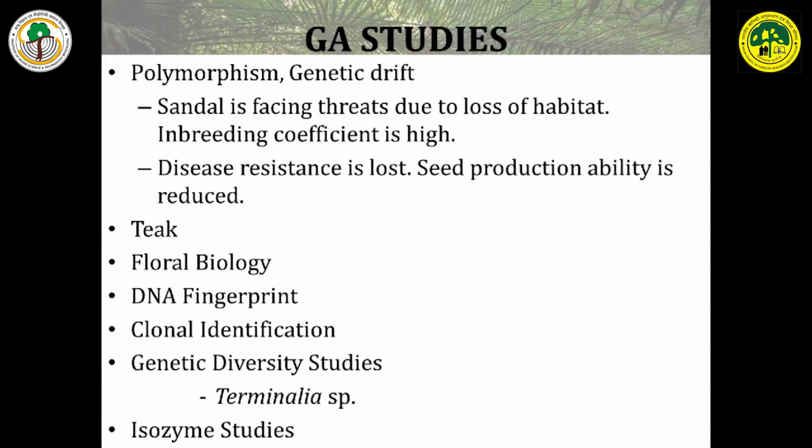So the trees were there, but some of them were dioecious, some were monoecious. There was some kind of mating system problem. So unless we have knowledge of whether they are open pollinated, or whether there is any problem in the floral biology, such as differences in the timing of pollen and the maturity of the gynoecium, the synchronization of gynoecium and androecium. This knowledge for each species is essential.